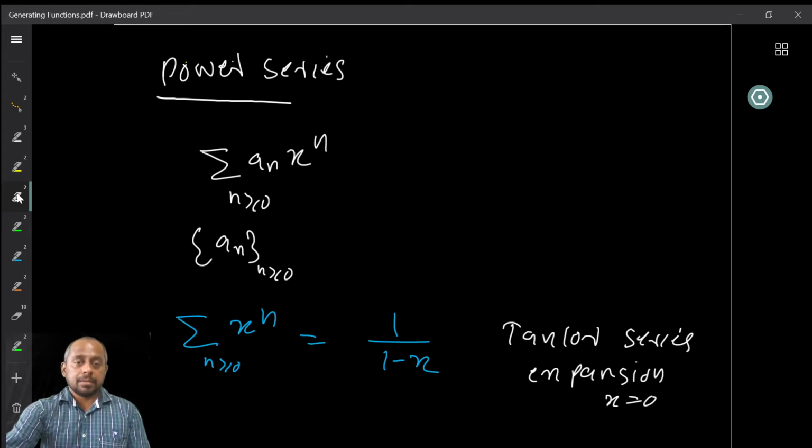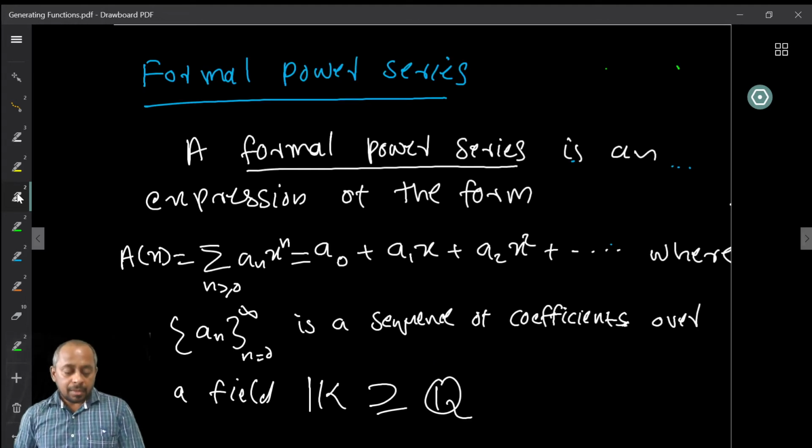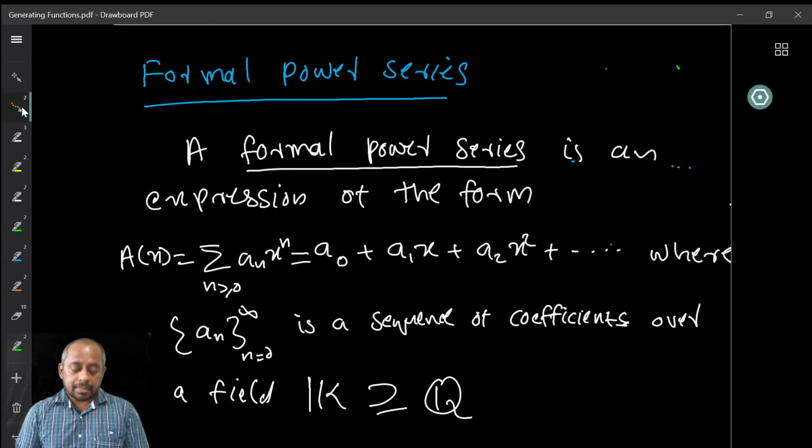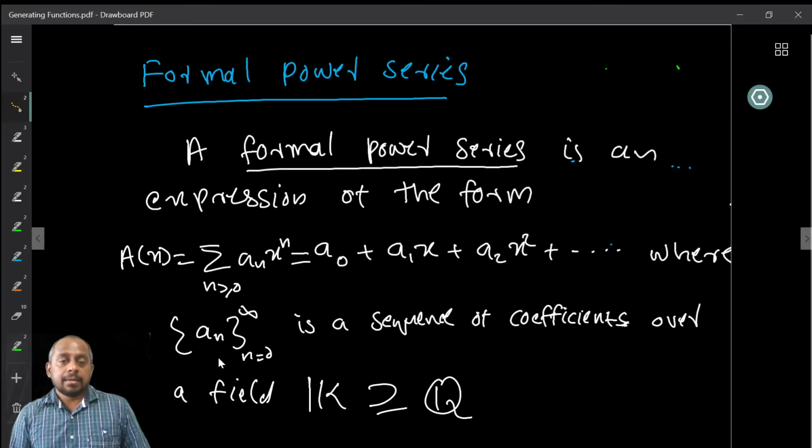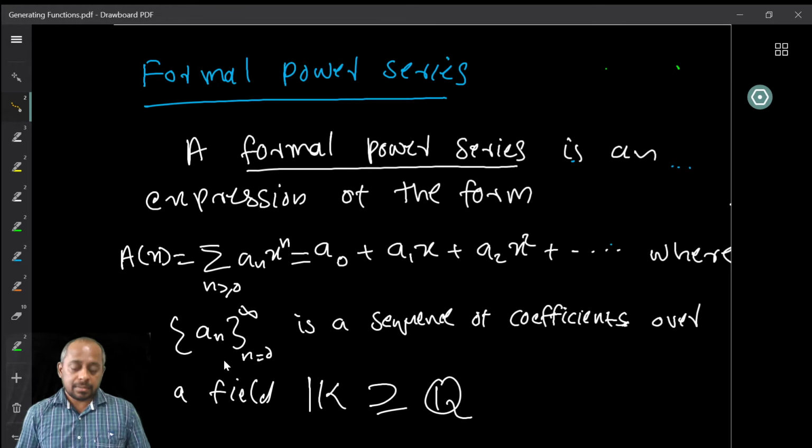Okay, so to define formally, a formal power series is an expression of this form: let's say A(x) is equal to summation n greater than or equal to 0 of a_n x raised to n, that is, a_0 plus a_1 x plus etc., where the sequence a_n, n equal to 0 to infinity, is a sequence of coefficients.